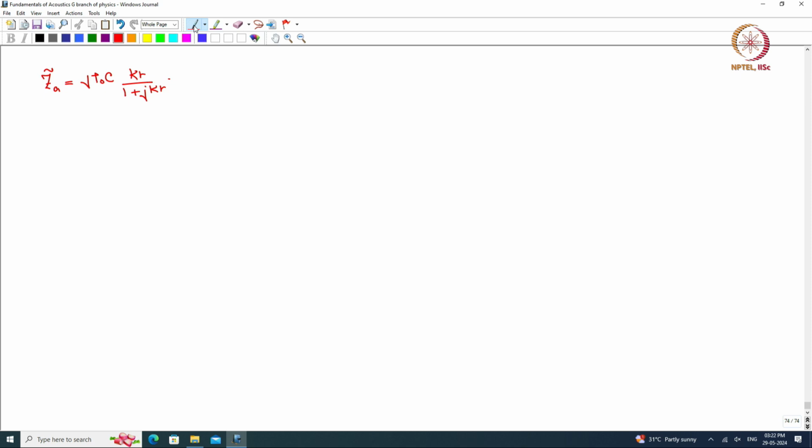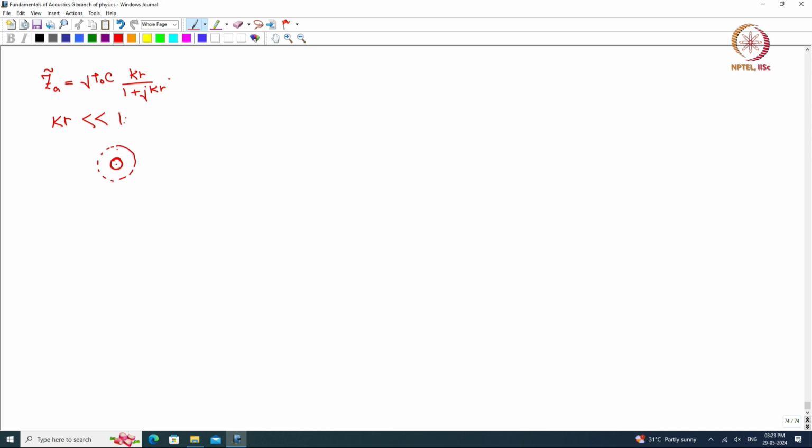On the flip side, if Kr is much smaller than 1, that means I have a Ka which has to be smaller than 1, and then Kr is smaller than 1.